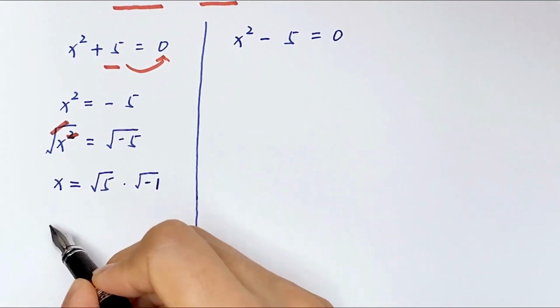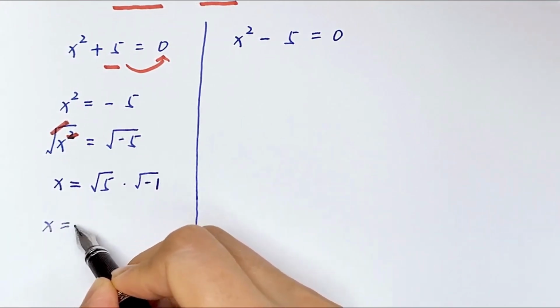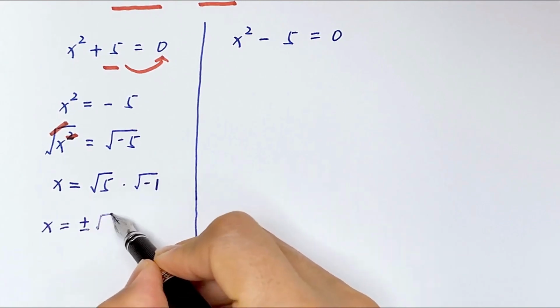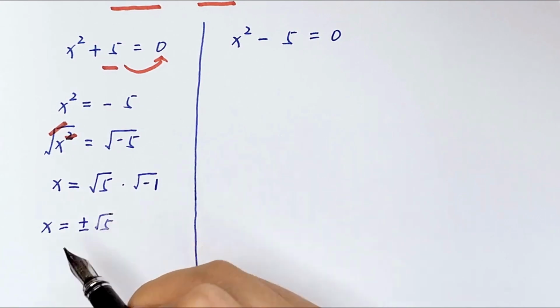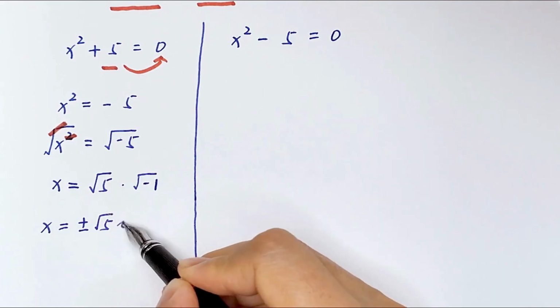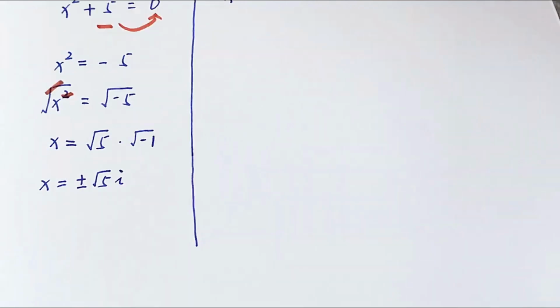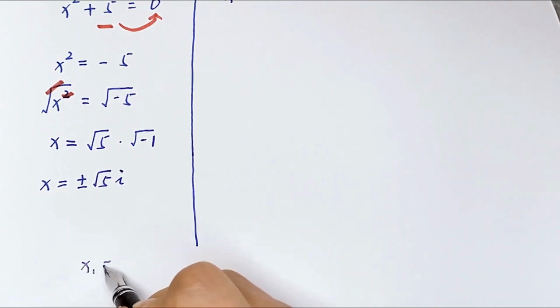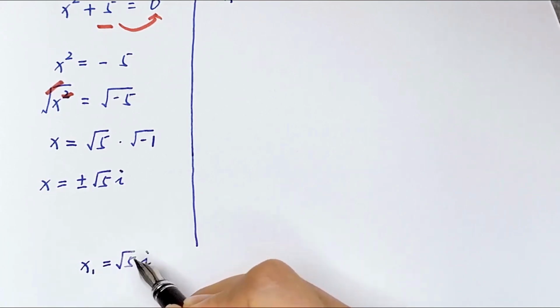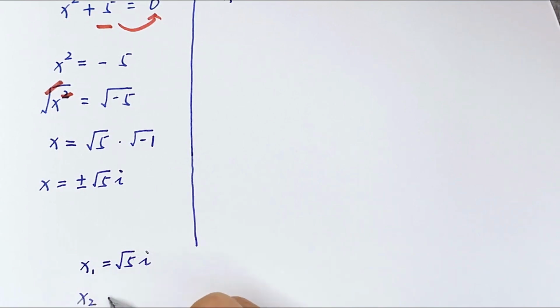So x is equal to plus or minus the square root of 5, and the square root of negative 1 is i. So from here we have 2 values of x: x is equal to square root of 5 i, and x is equal to negative square root of 5 i.